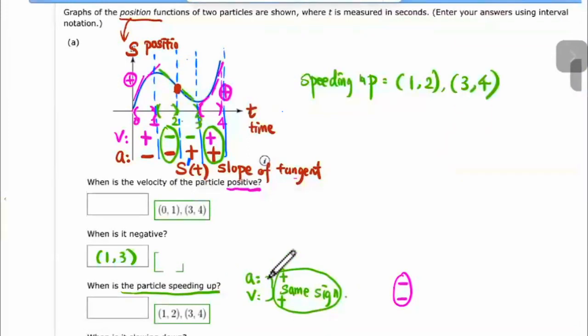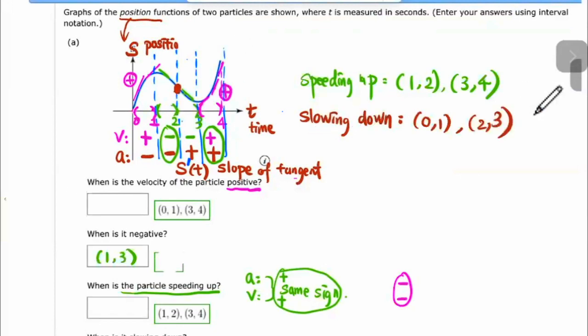And then when will it be slowing down? Slowing down when they have opposite sign. So positive sign, negative sign, positive sign. So that will be from 0 to 1 and 2 to 3. Then the particle will be slowing down.